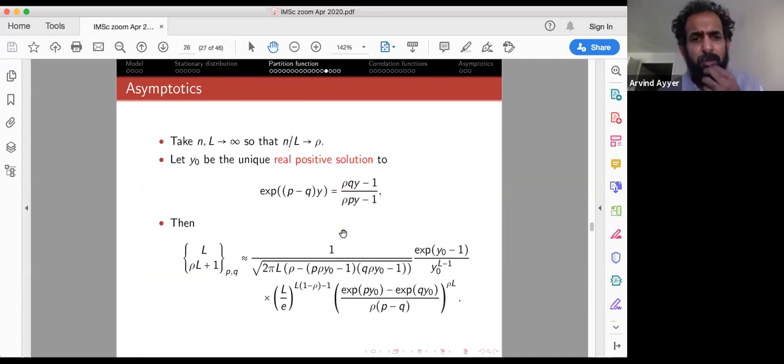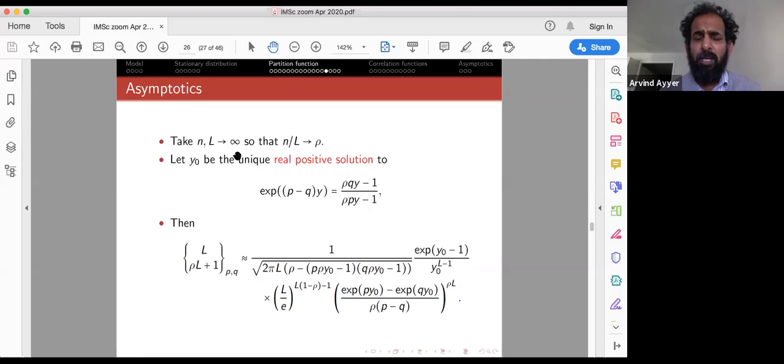Okay, so as I was saying, let's come to asymptotics. So physicists are always interested in the case where the system size goes to infinity, L goes to infinity, and the number of particles goes to infinity, but there is a density of the particles, so that the ratio n by L converges to rho, where rho is between 0 and 1. So this is the typical limit that physicists are interested in.